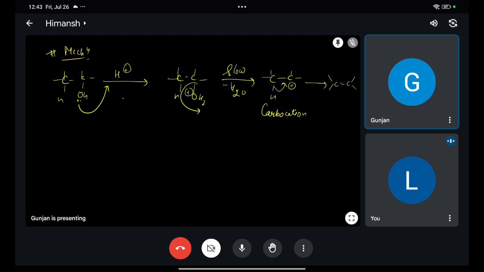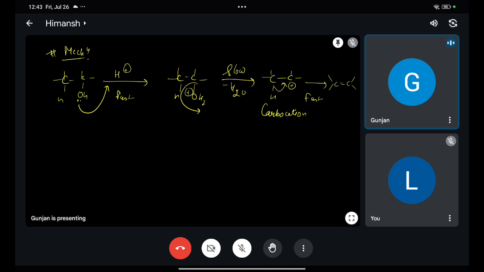And this OH2 plus takes the 2 electrons from that bond and carbocation is forming. Yes, see, oxygen got a positive charge. First of all, oxygen have lone pair, H positive was there.